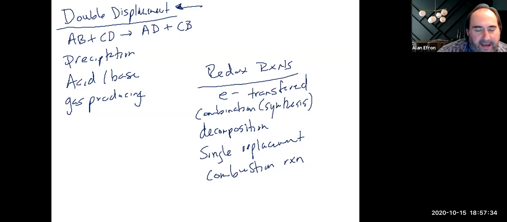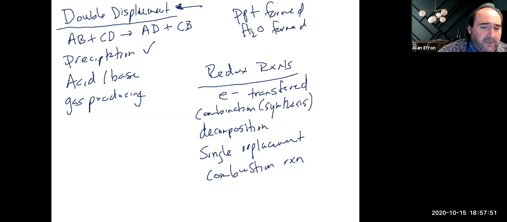And all these reactions, again, you could classify in multiple ways, but they all basically have the three driving forces for chemical reactions: a precipitate being formed, water being formed, which is from our neutralization reactions, and an electron transfer, which is from our redox reactions.